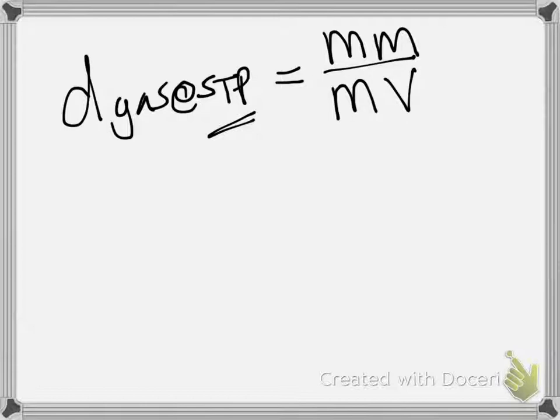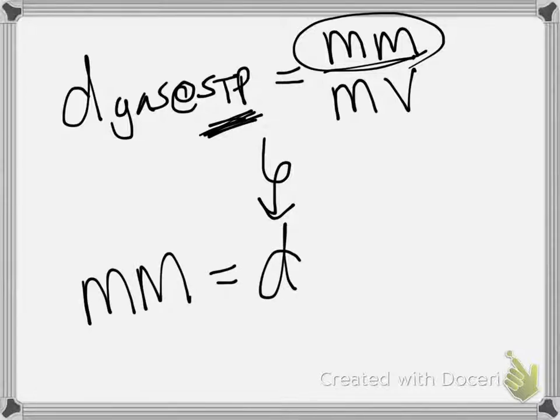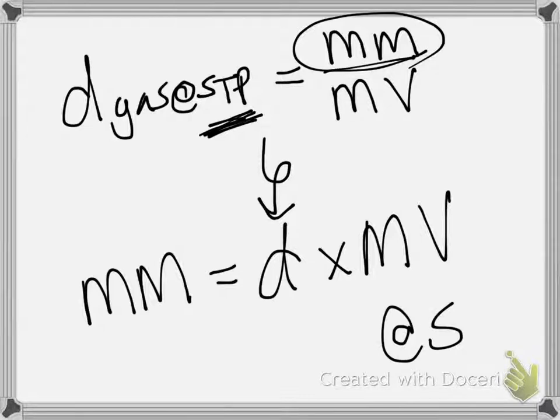Now, why is this important? You can actually rearrange this equation to calculate the molar mass of a gas. If you have a gas at STP and you know the density of the gas, and since you're at STP you know the molar volume, you can say that the molar mass of a gas is equal to the density of that gas times its molar volume at standard temperature and pressure.